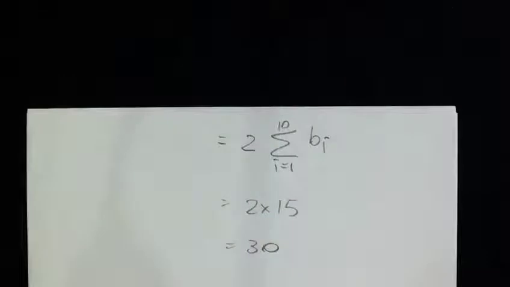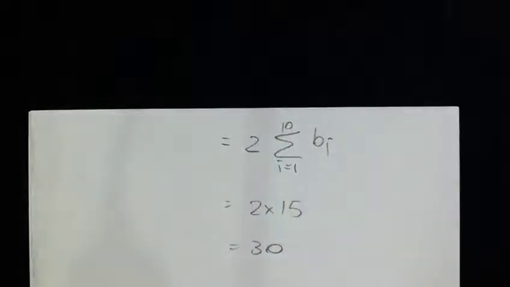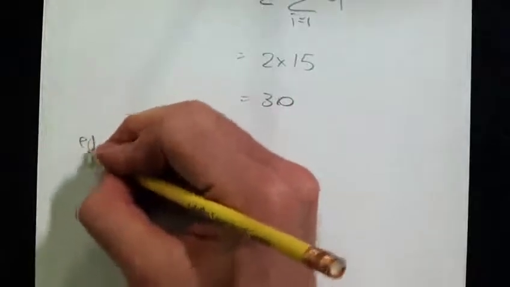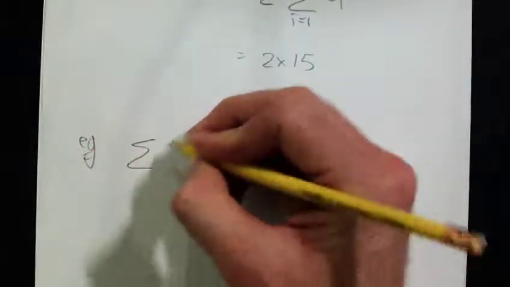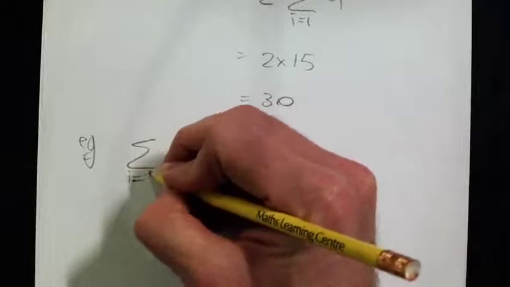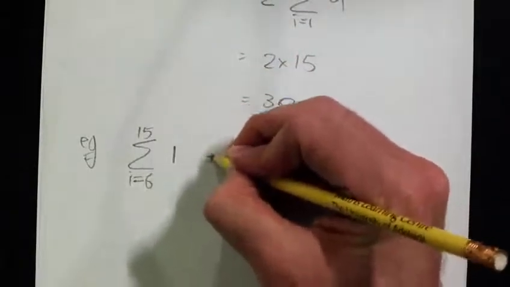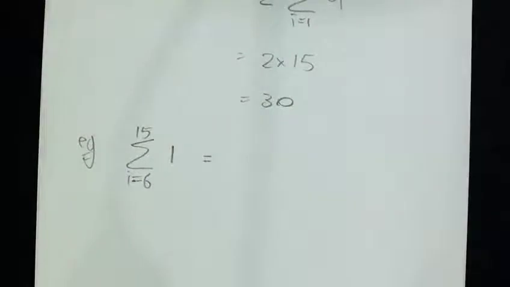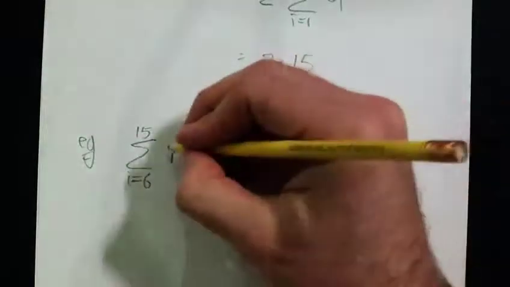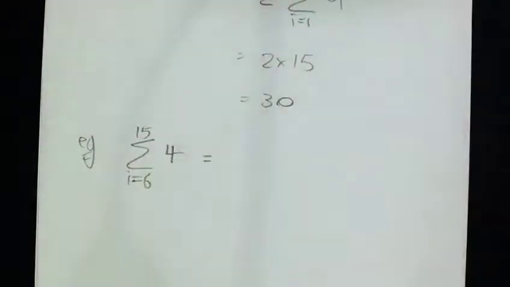Right, a couple more examples just to make final sense of that. Very simple example. The sum, maybe I'll put another number there. Yep. The sum from 6 to 15 of 4.